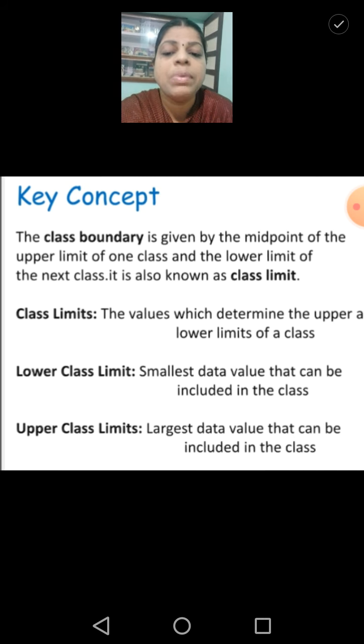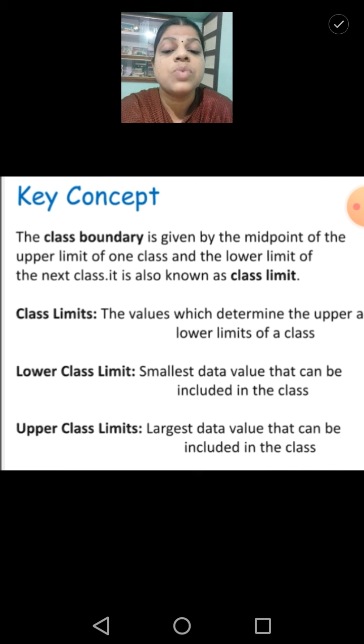So what are the limits here? We can see the lower limit and the upper limit. Here class limits means the values which determine the upper and the lower limits of a class. Right? For example, if a particular class is 0 to 10, what is the lower limit of that class?